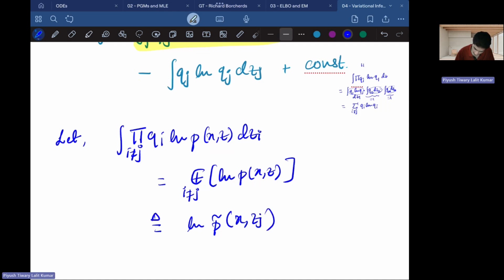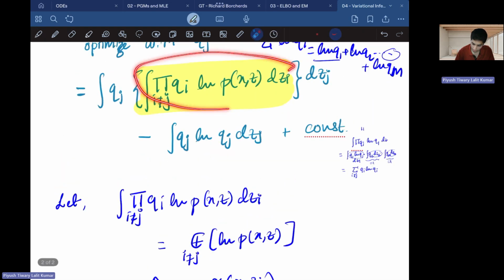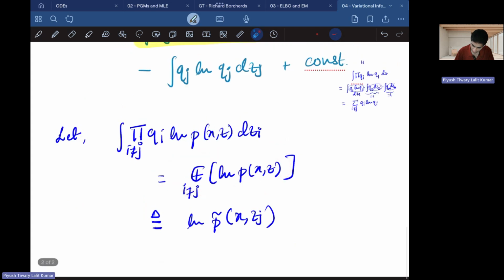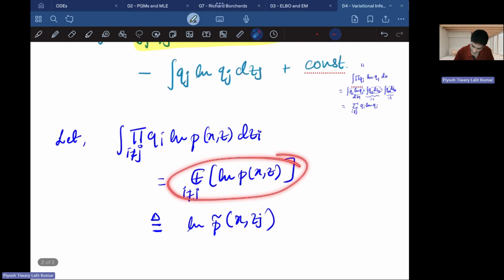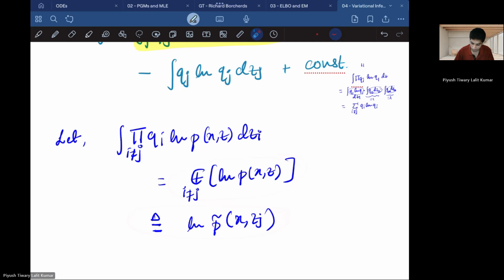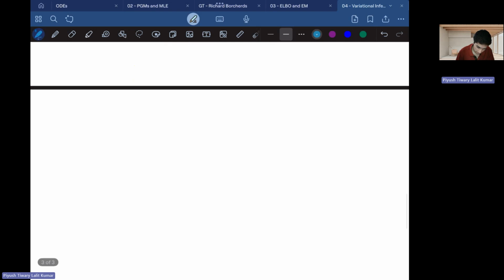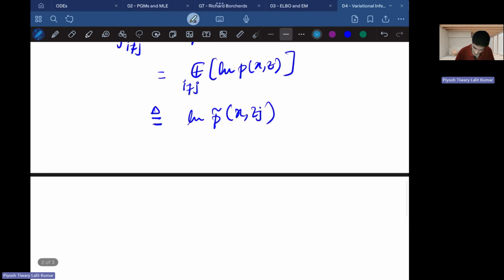So this is how it is defined. We are just giving some name to this entire thing because this looks very complicated. To make things simple, we'll say that this thing is nothing but your expectation, and this is defined to be like this. That's all. Once we have defined this thing, the calculation will suddenly become very familiar to us.